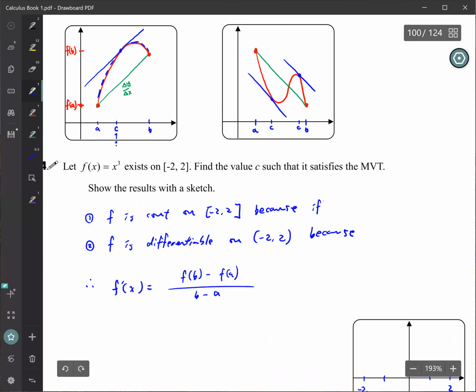That's all you need to say. You need to recognize it's a polynomial because it's a rule that polynomials are continuous everywhere. And then differentiable for the same reason: a polynomial is differentiable everywhere.